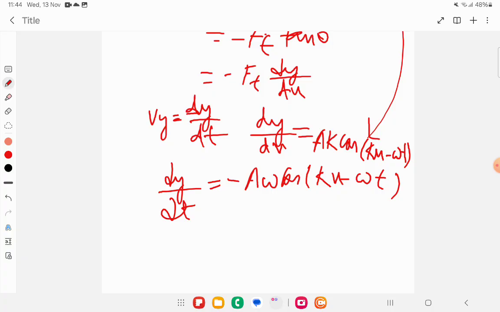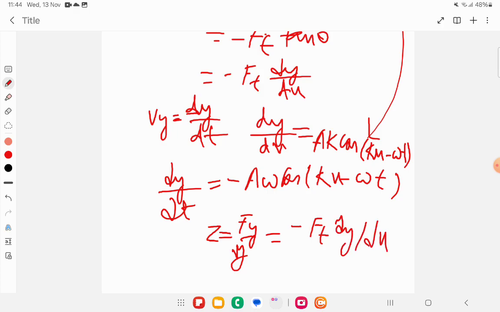Now Z is equal to Fy by Vy, which is equal to minus Ft dy by dx divided by dy by dt.